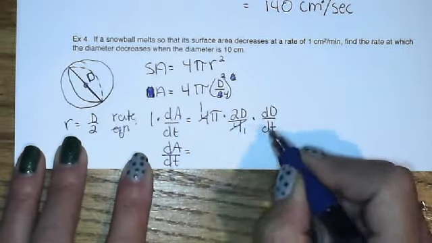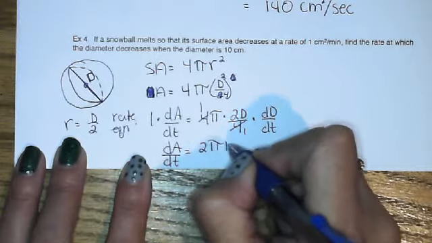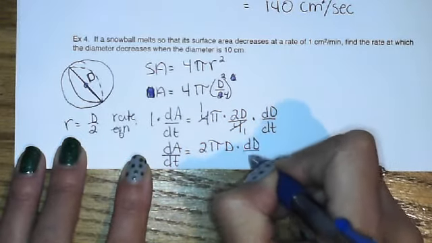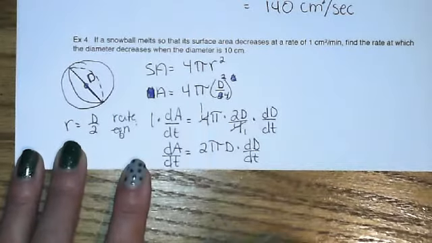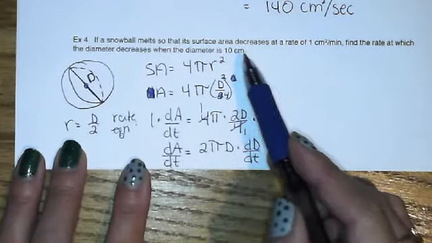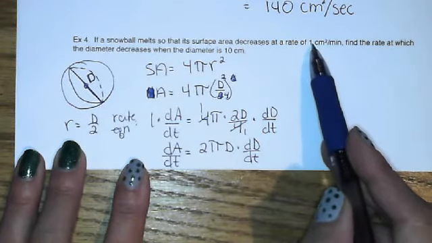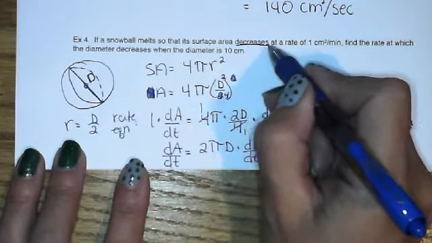Okay, doing a little simplifying, I can cancel my 4's out. So to clean this up, before I substitute, dA/dt equals 2 pi d times the derivative of d with respect to time. Okay, now let's see what's given.